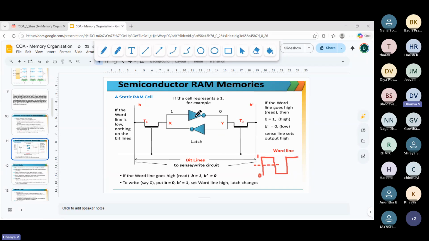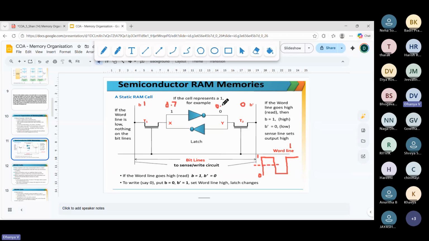So first we'll talk about read. If the word line is 1, both of the transistors will be on, so your B and B dash will read 1 and 0 respectively. But this essentially isn't 1 and 0. How will we ensure that we read 1 and 0 properly? Probably this could be something like 0.7, while our threshold is some 0.6, and this could be some 0.3.